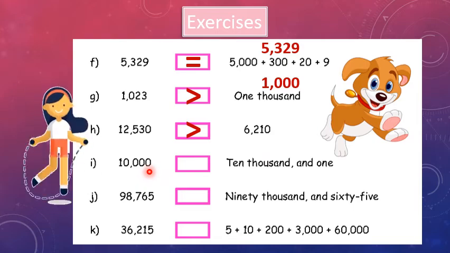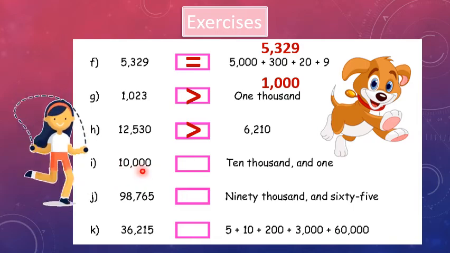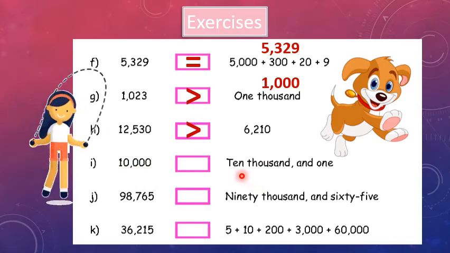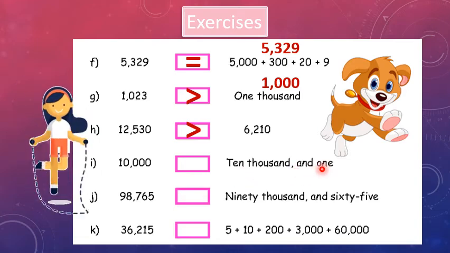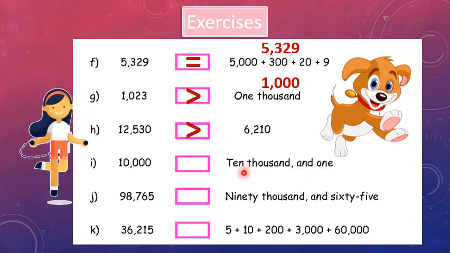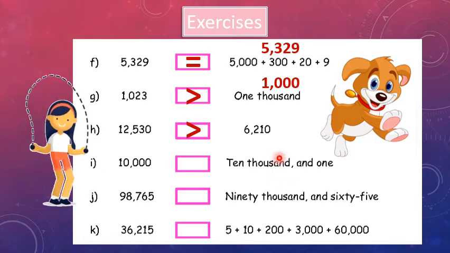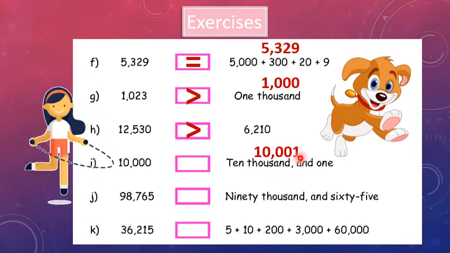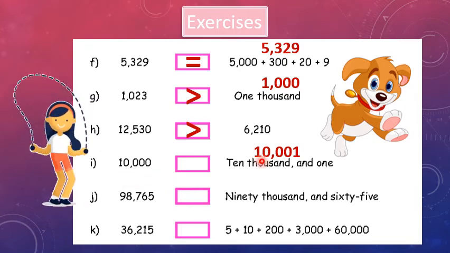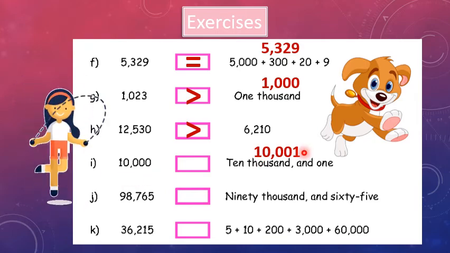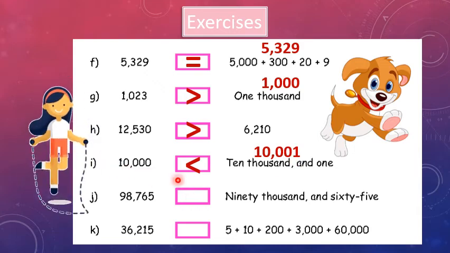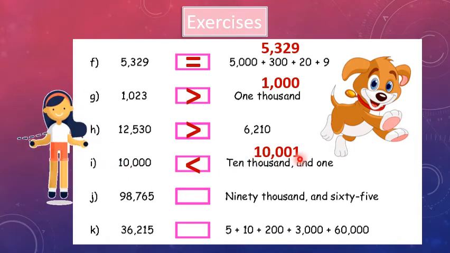Here in number I we have 10,000, and on the other side we have 10,001. First of all, write this number in its standard form. It will be 10,001. Which is bigger, 10,000 only or 10,001? Good job. Then 10,000 is less than 10,001.